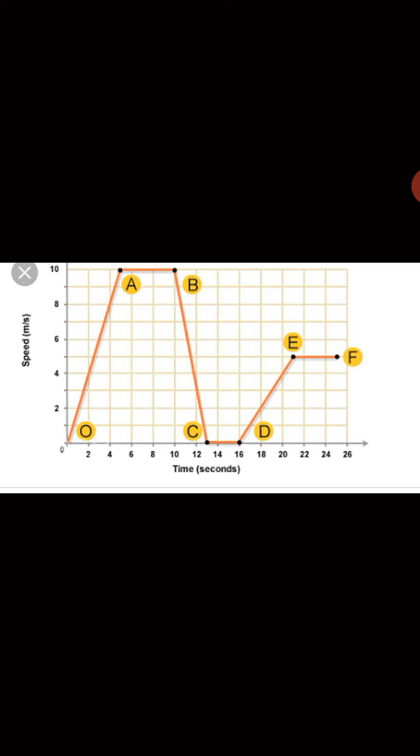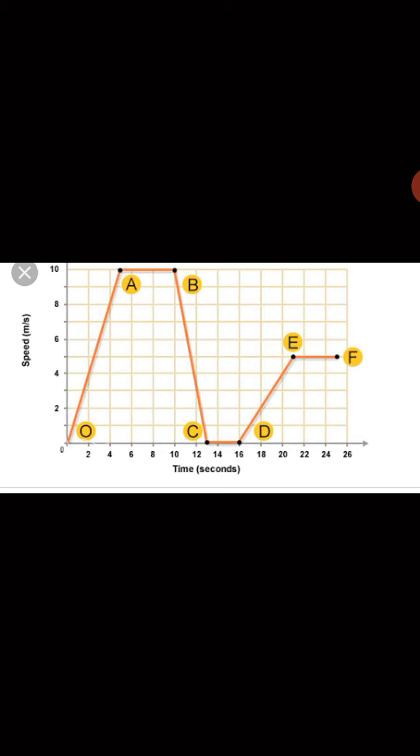Let's read the graph. Let's start with the origin from point O. So OA. OA is a line which is moving upwards. That means the object is accelerating. Line AB is a flat line, a straight line. So line AB denotes that the object is moving at a constant speed.